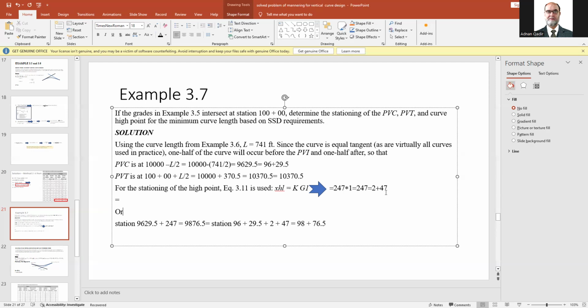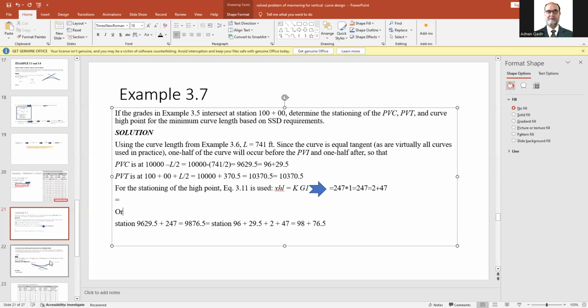And the station for this will be from the curve. You have to add the PVC station plus 247. So the station is 98 plus 76.5. So this is a very simple example that is being solved.